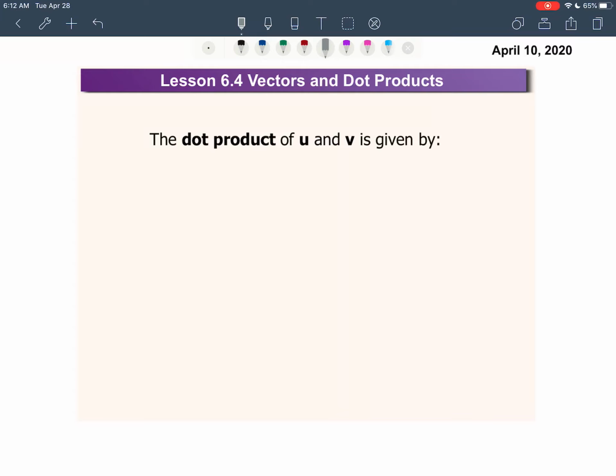The dot product of two vectors, u and v, is given by u dot v, and that is equal to the horizontal component of u times the horizontal component of v plus the vertical component of u times the vertical component of v.